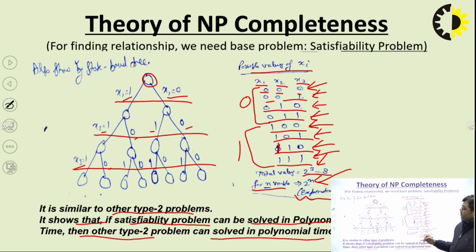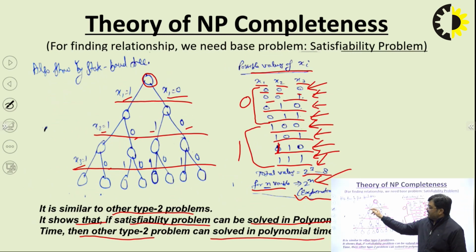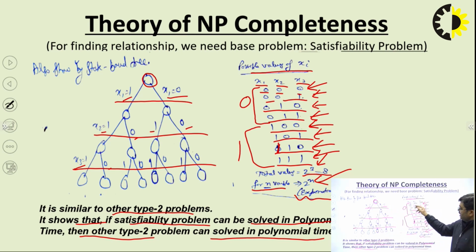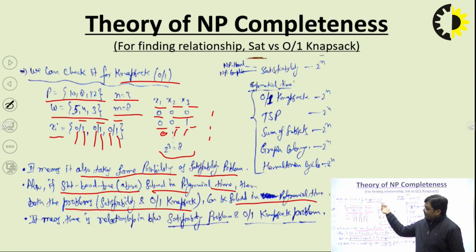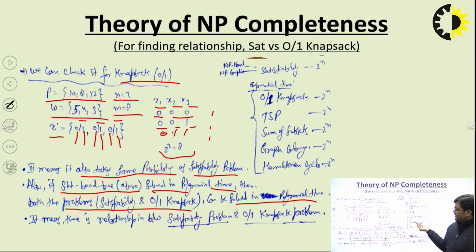Means we are trying to find some procedure for these possibilities which are taking 2 raised to power n complexity. If we are able to find some polynomial time algorithm for this, then we can have the similar thing here also.